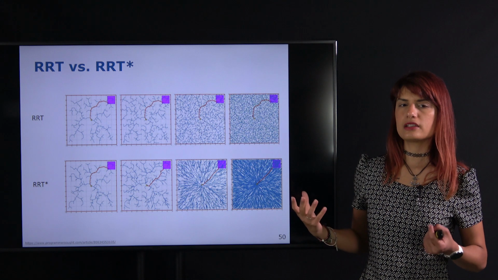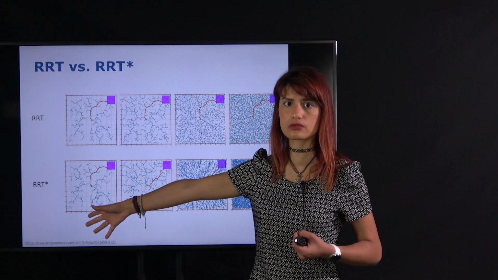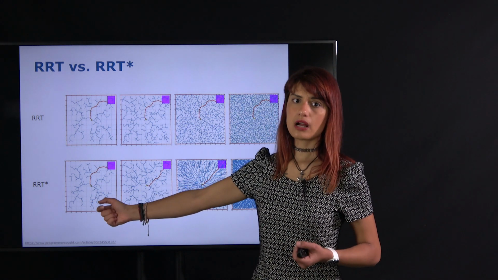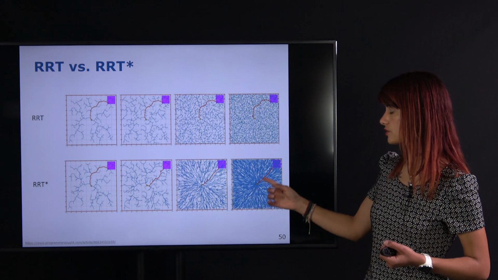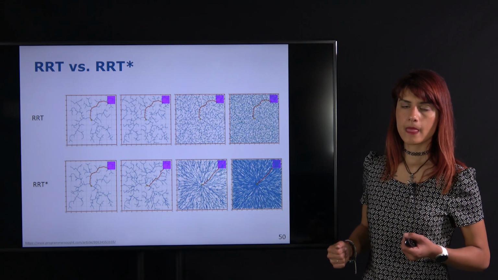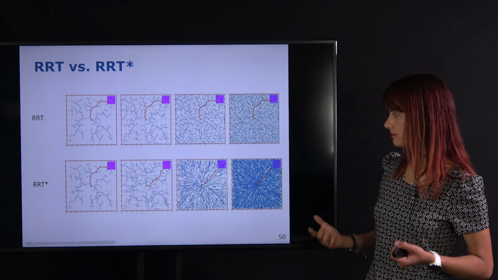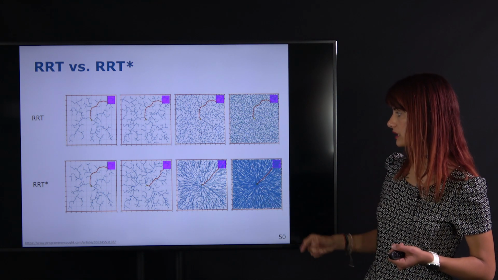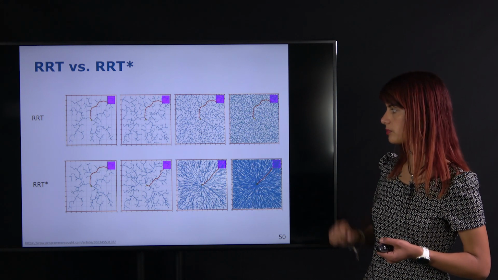And this is the key idea behind asymptotic optimality. Even if we find a solution relatively early, the rewiring allows us to improve that solution over time so that we can get a shorter path. And as we can see over here, the shorter path is logically the almost straight line connection between the start in the center and the goal on the top right.